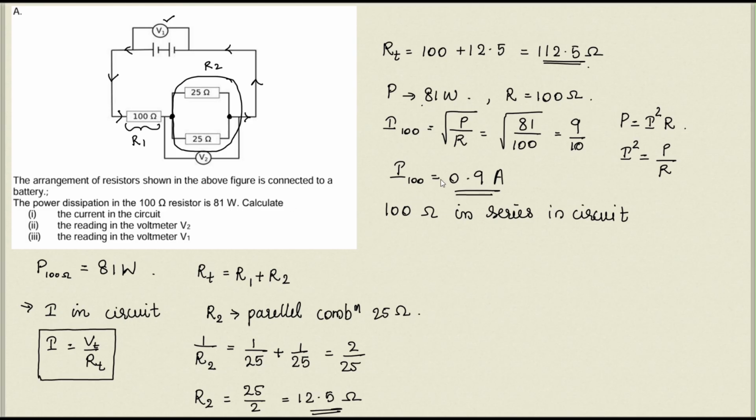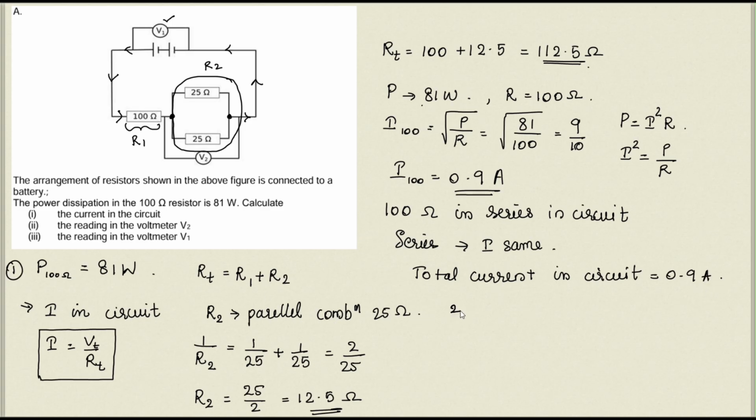In series, the current is the same along the whole circuit, isn't it? Current is the same, only the potential difference is different. So the total current in the circuit is 0.9 ampere.